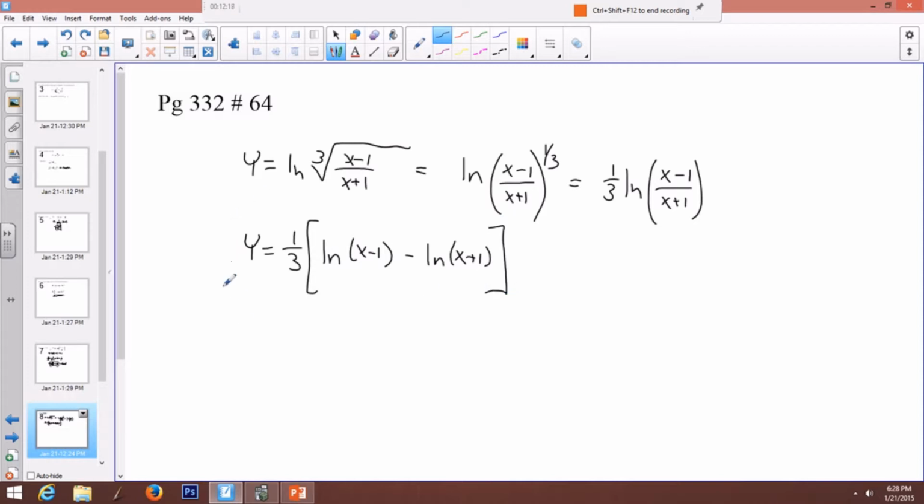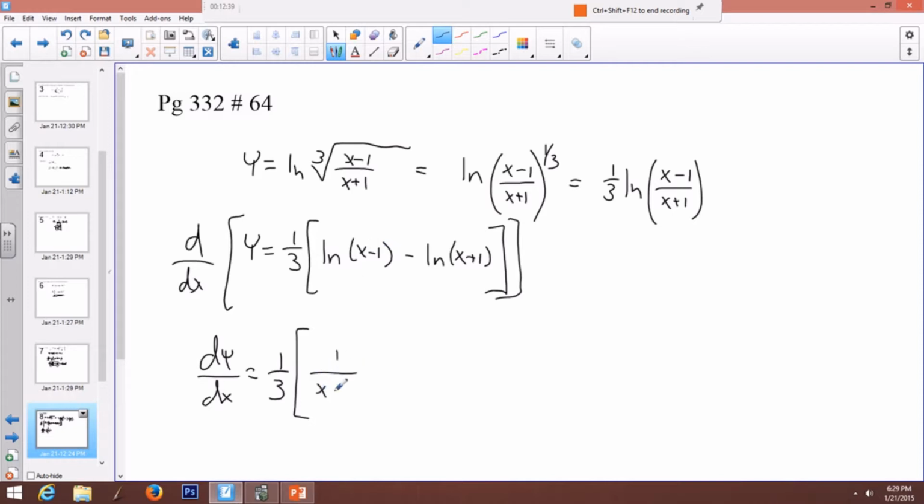Now I'm going to take the derivative, d over dx, and I get dy over dx. Since the 1/3 is a constant, I'm just going to leave it alone. I'm multiplying by the derivative of ln of x minus 1, which is 1 over x minus 1 times the derivative of the inside piece, which is 1. So I'm not going to write it.